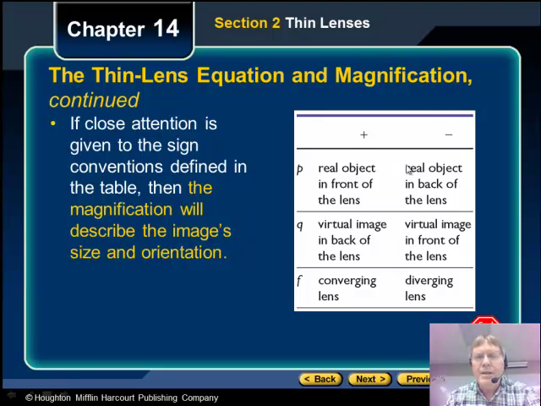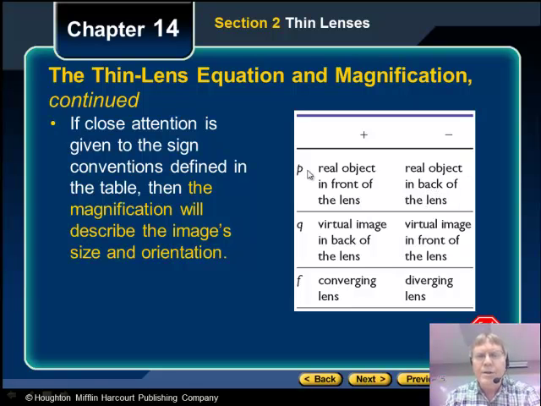And this chart, which is in your book on, let me see, it's on page 493. P will be positive when the object is in front of the lens. It will be negative for an object that's in back of the lens.